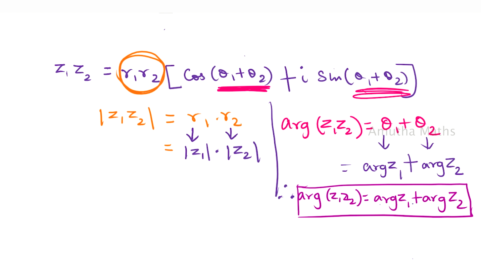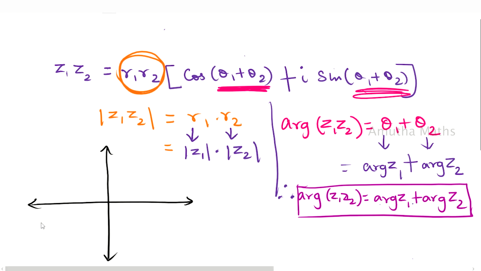Now we shall see this in the diagram. So this is the real axis and this is the imaginary axis. Let Z1 be the complex number which makes an angle theta 1 with the positive side of x-axis. Let R1 be the distance of this complex number from the origin.